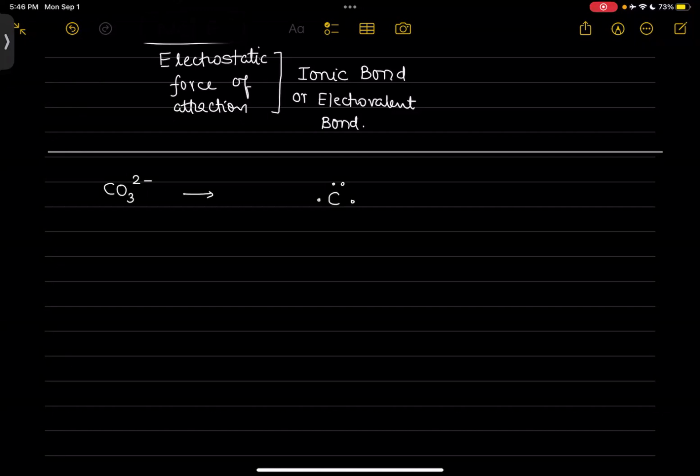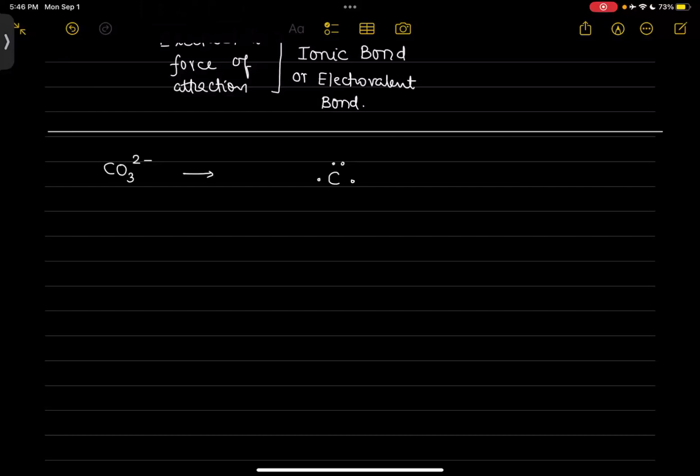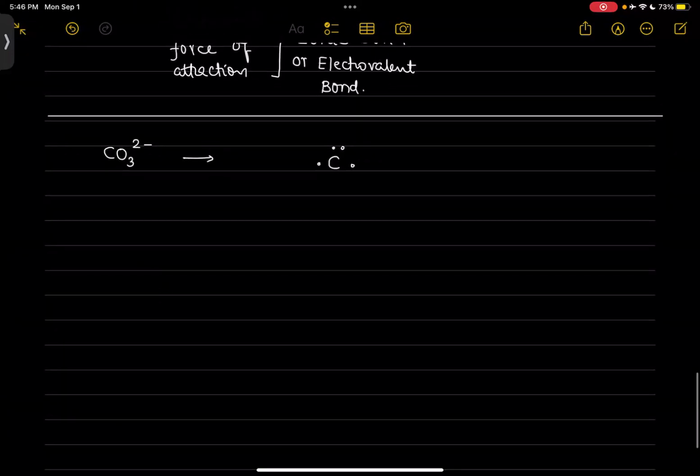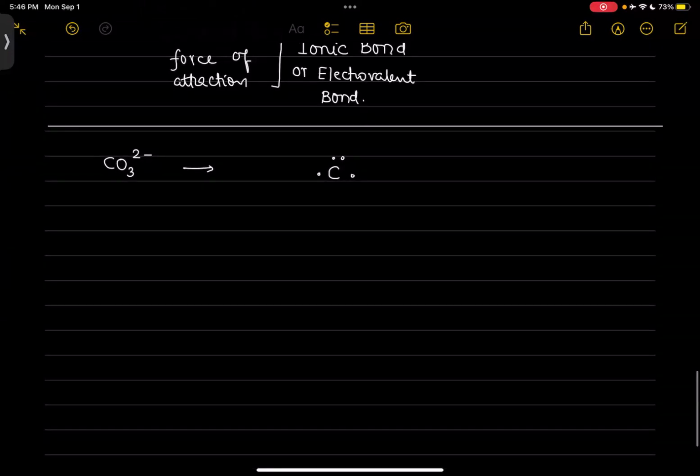Look at the charge of the carbonate. With that, you will be able to make out. What is the charge on the carbonate ion?